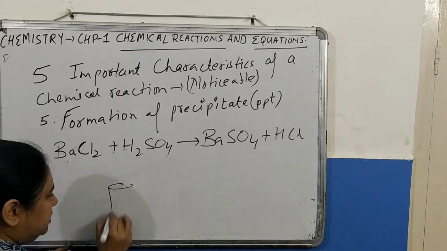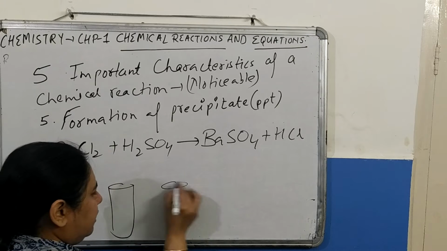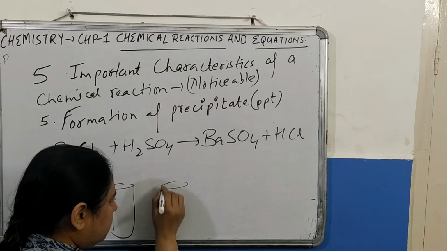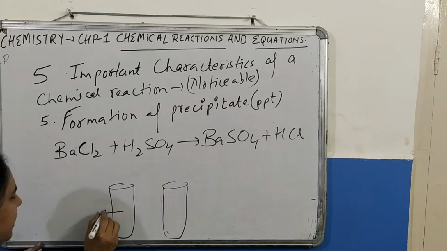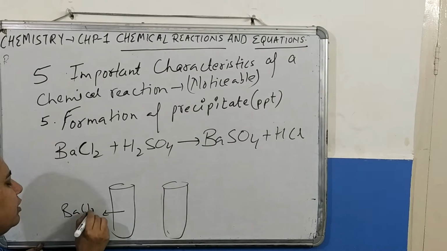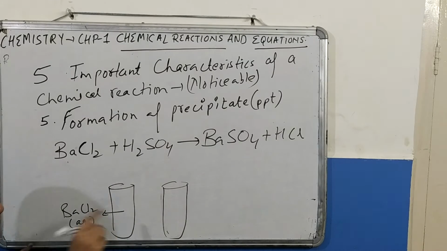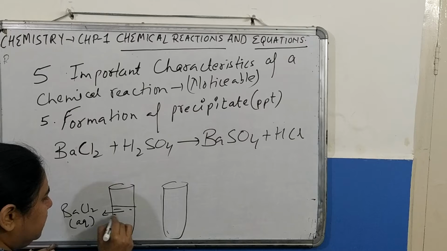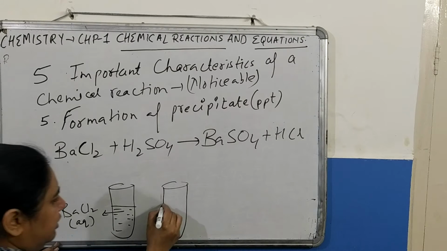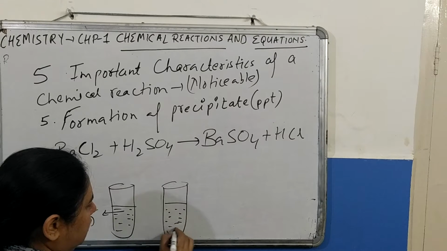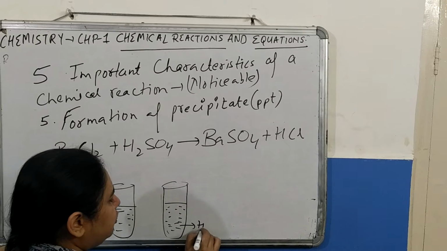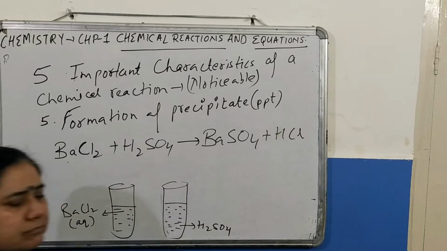So I have a test tube here and another test tube here, right? In this, I have a solution of BaCl2. That means it is dissolved in water. And in this one, I have sulfuric acid, right?